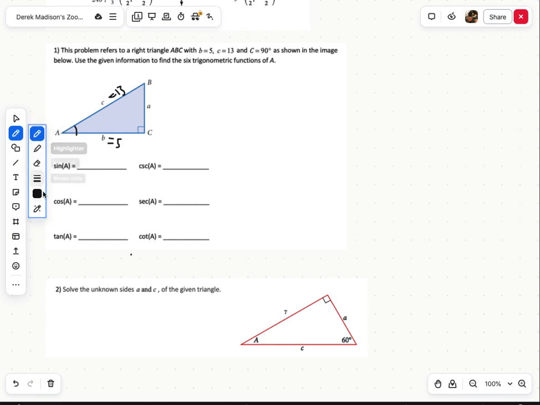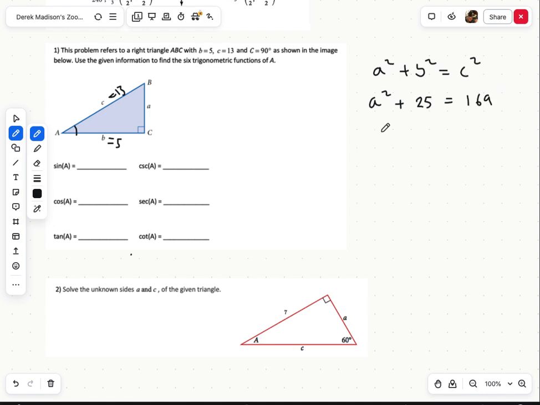That I know 2 of the sides means I can find the third side using the Pythagorean theorem, so let's do that off to the side here. So a squared plus b squared equals c squared, and in this case I know b and c, which will allow me to solve for a. So a squared plus 5 squared, which is 25, equals 13 squared, and 13 squared is 169.